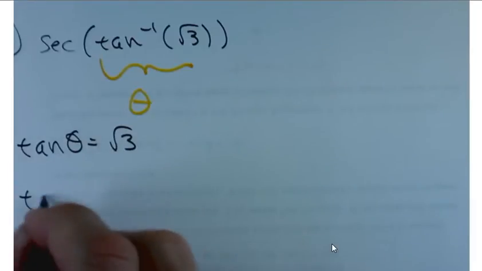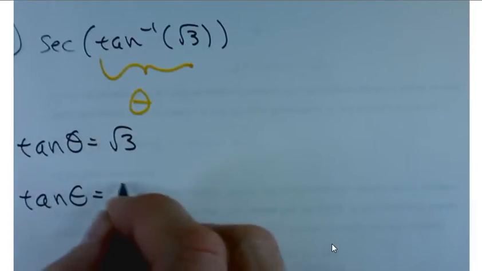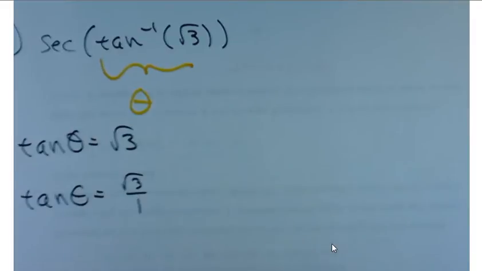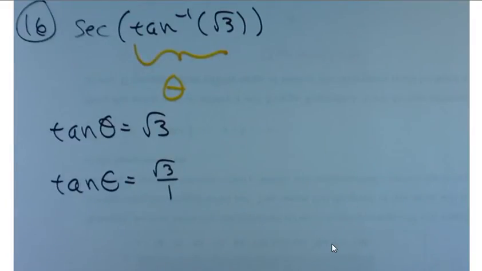Or better yet, maybe it'd be helpful if I wrote it as tangent of theta equals the square root of 3 over 1. Why would that be helpful? Yeah, because now you've got two sides to work with, right? Tangent, if you remember your SOHCAHTOA, was what over what? Opposite over adjacent.